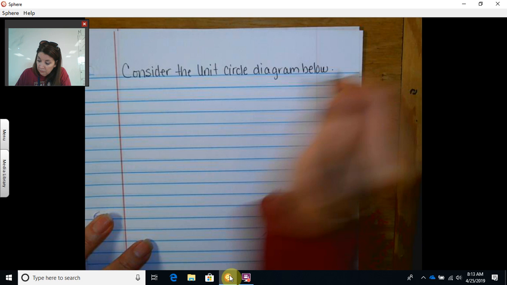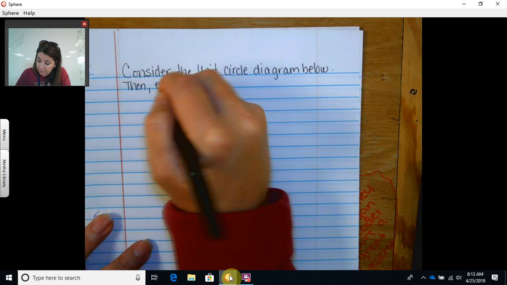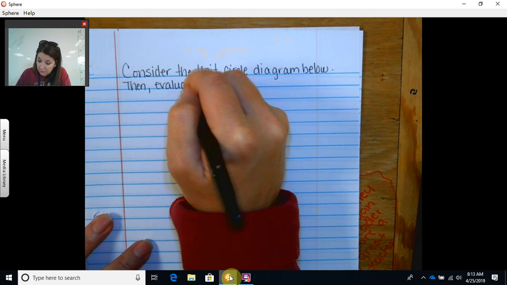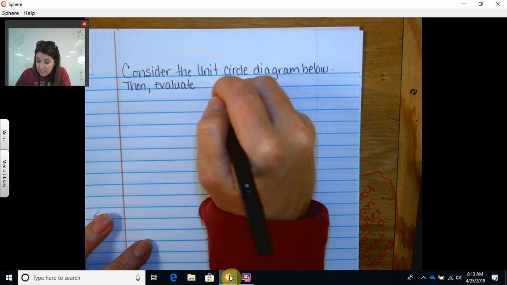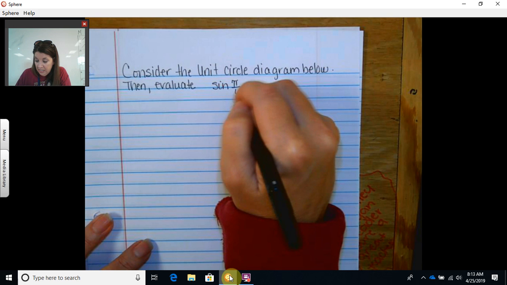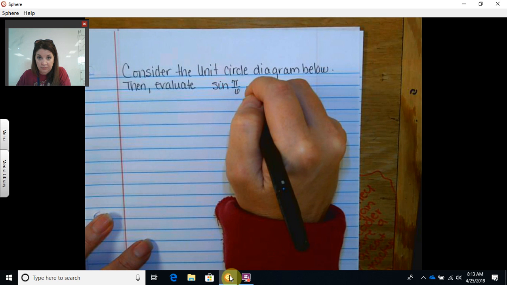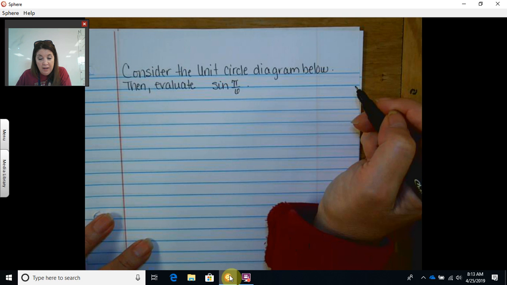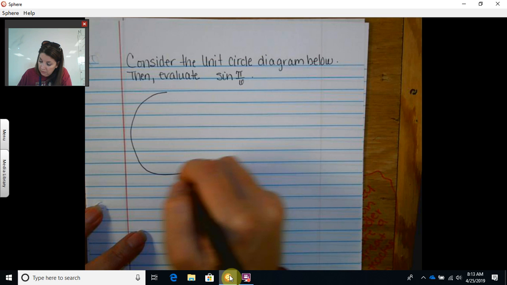Then evaluate sine of π/6. So this you have to know what we did last class to be able to do this. So let's draw us a unit circle. It doesn't have to be humongous.